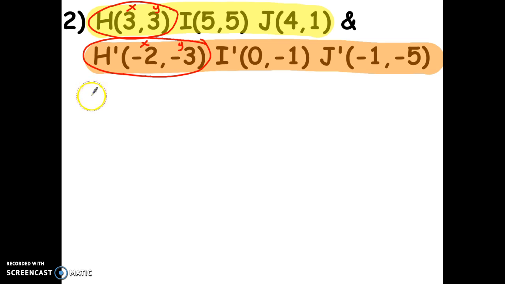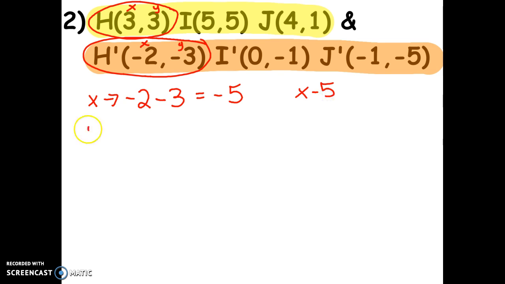So let's look at our X values first. So the image ordered pair is -2 minus the pre-image 3. -2 minus 3 is -5. So we see that we do have a change there. So that's simply X minus 5.